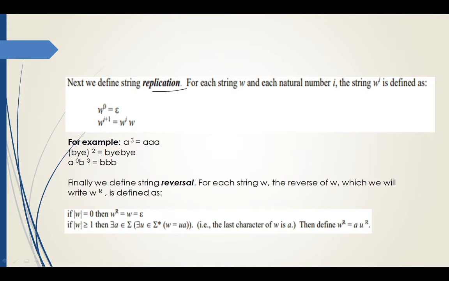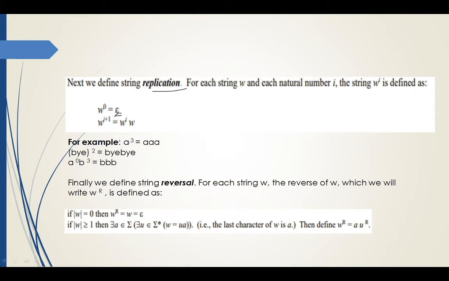So w raised to 0: what is the 0 here? The number of times this string occurs. Here it occurs 0 times, so the string is epsilon. Next, w raised to i plus 1 means the string w occurs i plus 1 times.